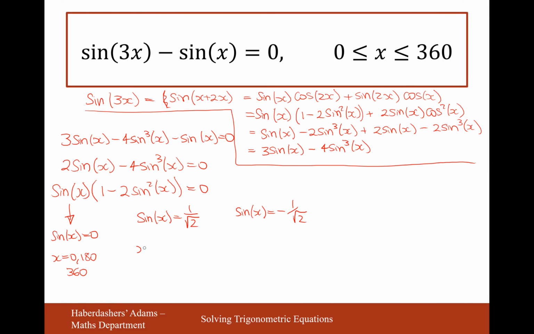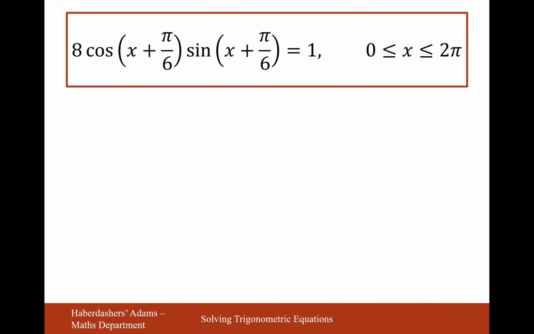In which case we then need to solve these equations, so it's going to be 45 degrees and 135 degrees. And then for this one here, it's going to be 225 and 315. Yeah, so yes, that's exactly right. So there we are. These are our 1, 2, 3, 4, 5, 6, 7 solutions to this equation here.